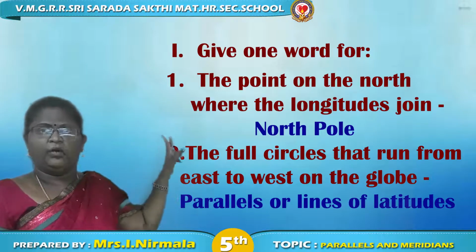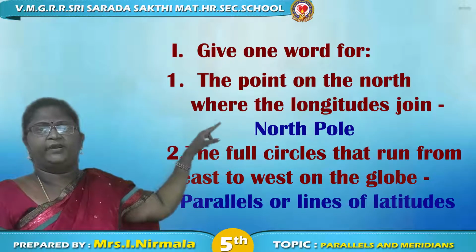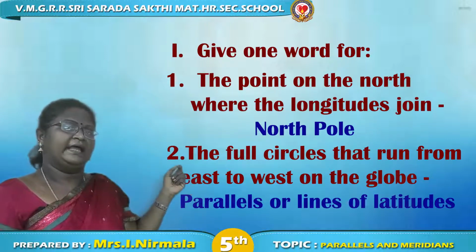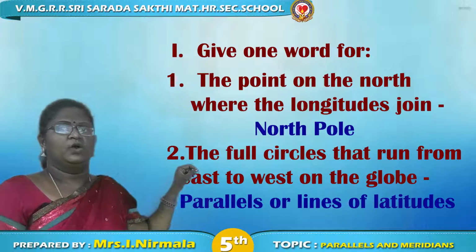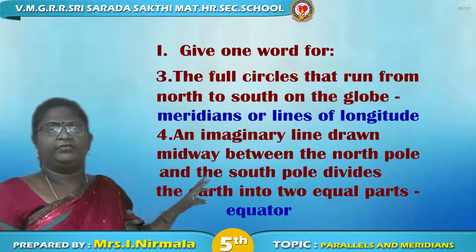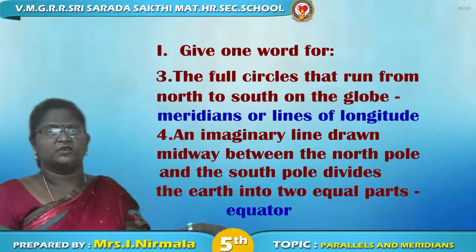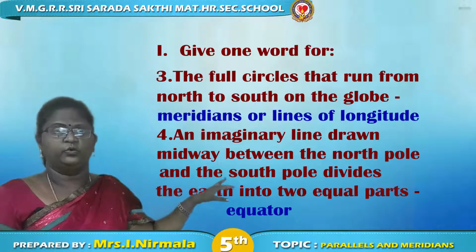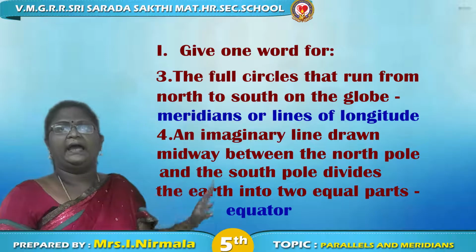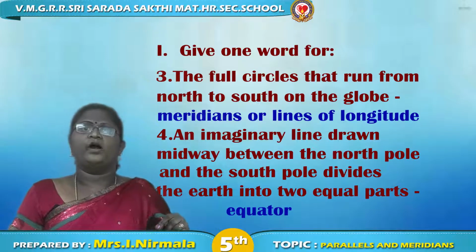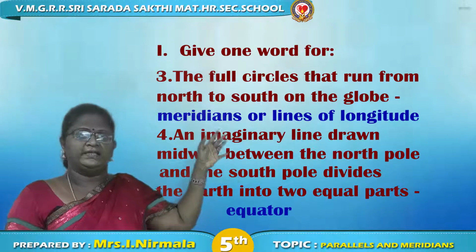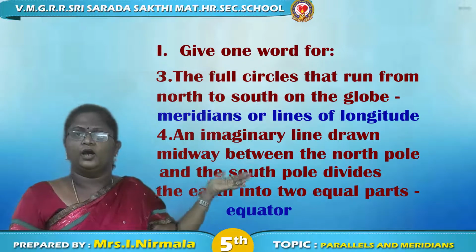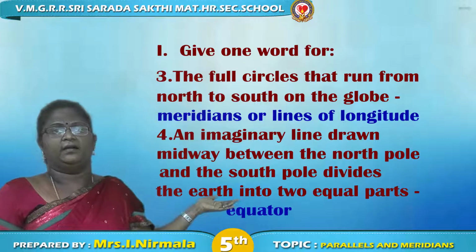Second one: the full circles that run from east to west on the globe are parallels or lines of latitude. Third one: the lines that run from north to south on the globe are called meridians or lines of longitude. Fourth one: an imaginary line drawn midway between the North Pole and South Pole that divides the Earth into two equal halves is called the equator.